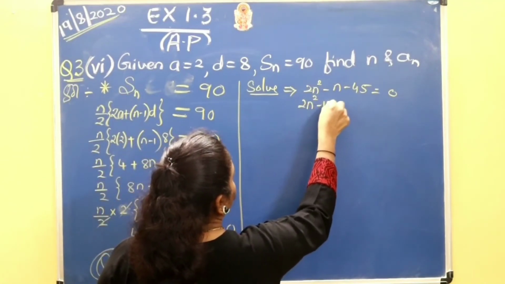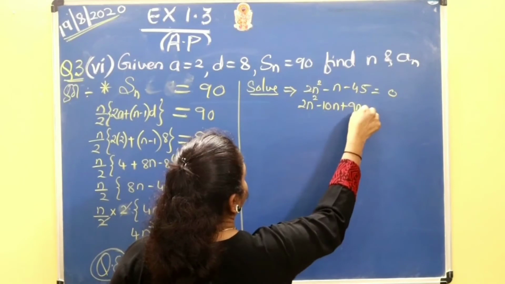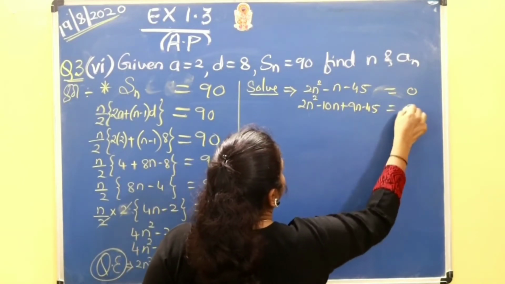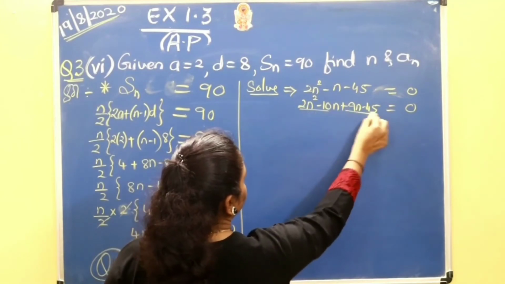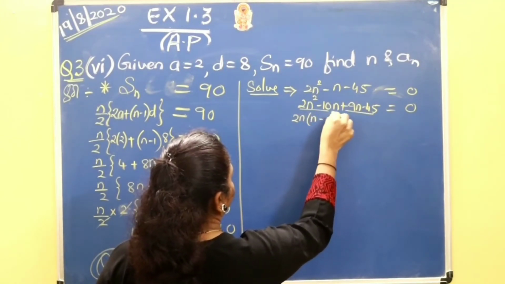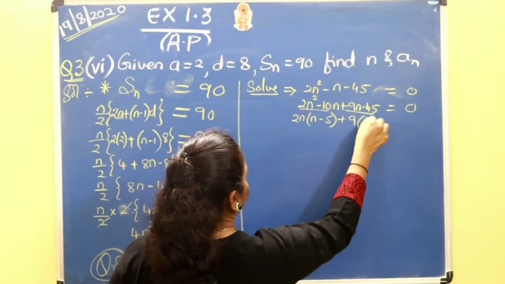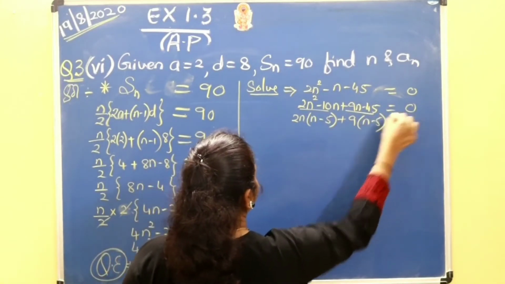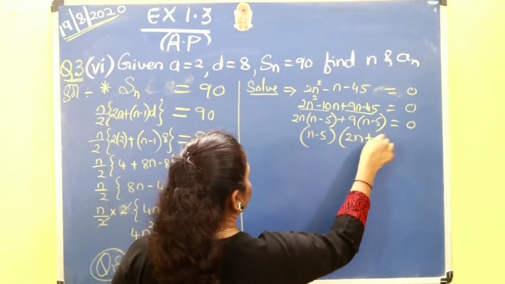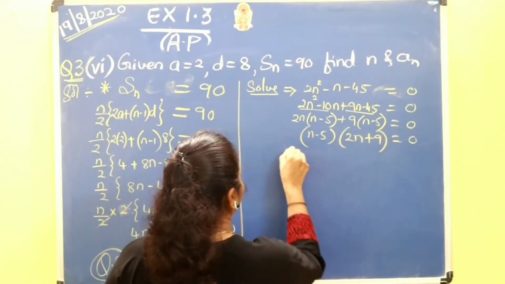So 2n square minus 10n plus 9n minus 45 equal to 0. First two terms, last two terms: 2n, minus 5 common, plus 9, minus 5 common, equal to 0. So n minus 5 times 2n plus 9 equal to 0.